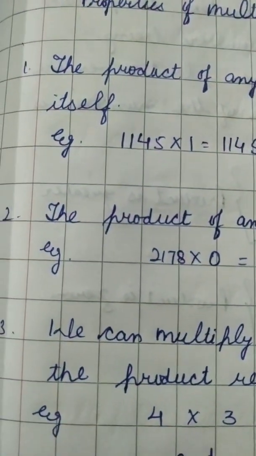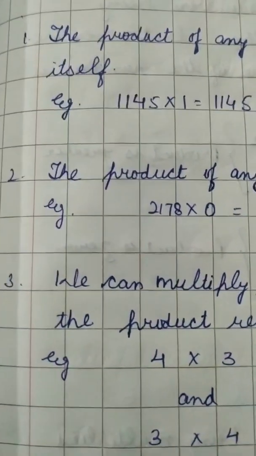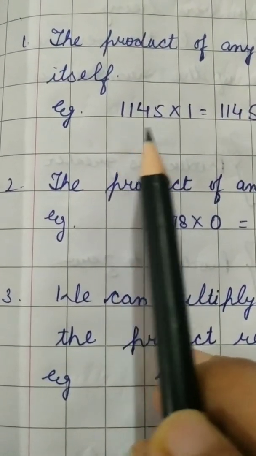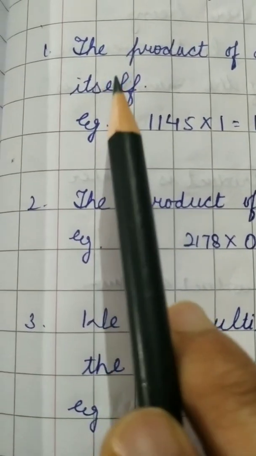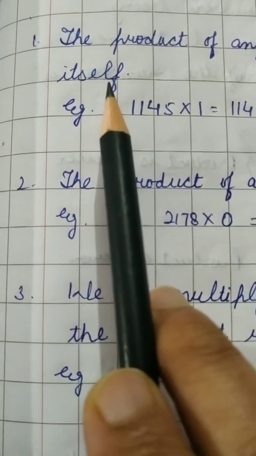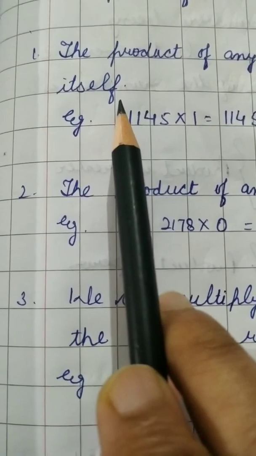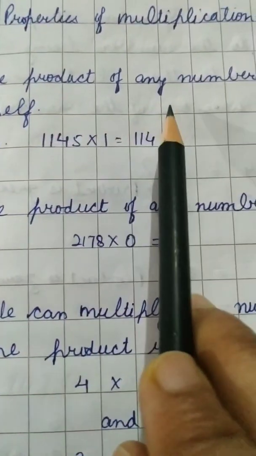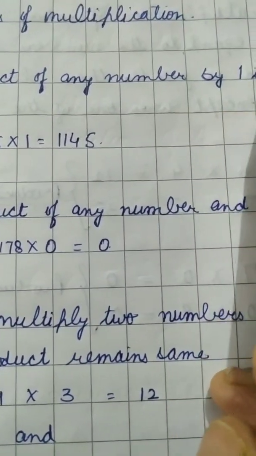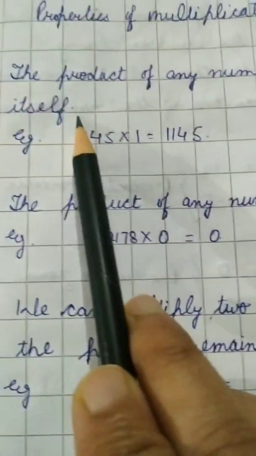Whenever we multiply a number with 1, we will get the same number with which we are multiplying. This can come as fill up also, so you have to be thorough with these properties. These properties will be used in the fill ups also.